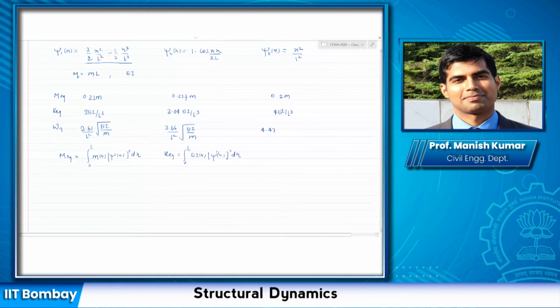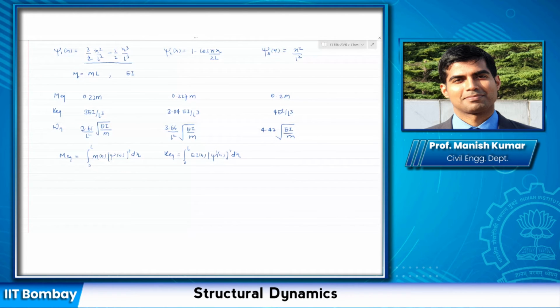Now let us go through each of these because it's important to understand the repercussions of using a shape function on the overall accuracy. So if you look at these two functions, which are the static deflected shape, if you are selecting a shape function which is the static deflected shape, then it would always satisfy the displacement boundary condition. Why is that?